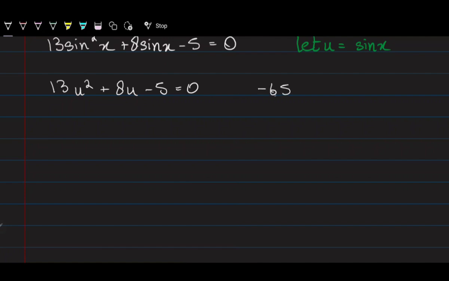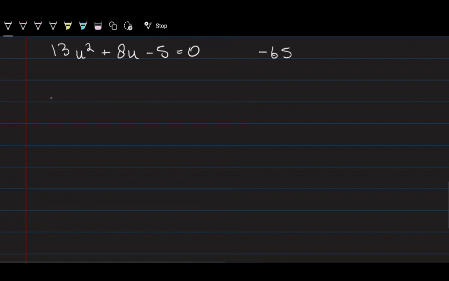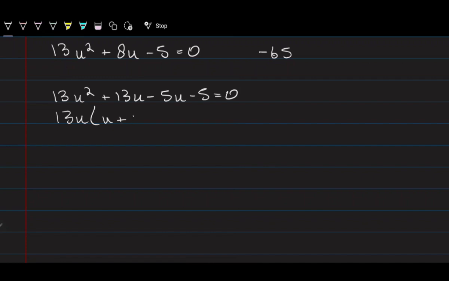Now I need to find what numbers multiply to get minus 65 and also add up to get 8. And that's 13 and minus 5. So 13 into minus 5 is minus 65, and 13 minus 5 is also 8. So we can do that right here. So 13u square plus 13u minus 5u minus 5 is equal to 0. So this becomes 13u brackets in u plus 1 minus 5 brackets u plus 1 is equal to 0.